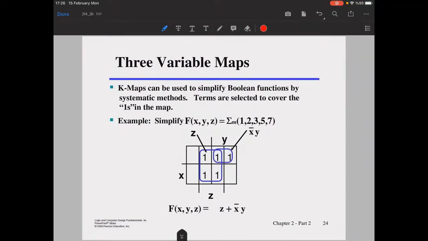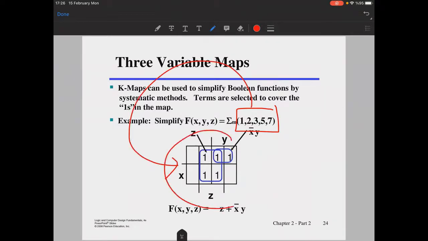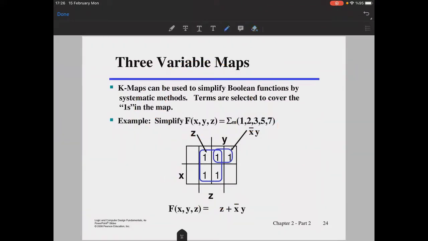So you can use this for simplification as well. Try to cover all the ones by choosing the largest rectangles possible. Don't forget this, it always works. You first transfer this information of the truth table into a K-map, and you obtain this. When you obtain this, it is a piece of cake. You can do it easily.